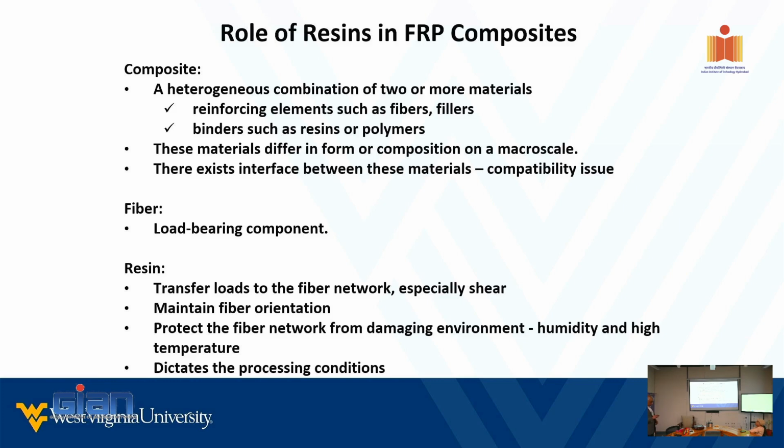So, we already stated the reinforcement is the fibers, and the binders are the resins. These differ in form or composition, and we call it macro scale because the resin and the fabric have really no relationship in any form or fashion.